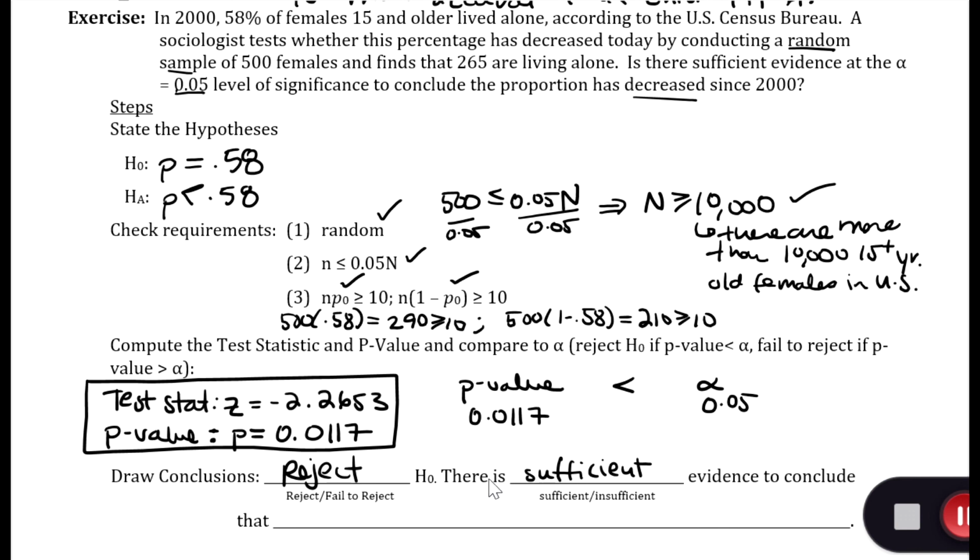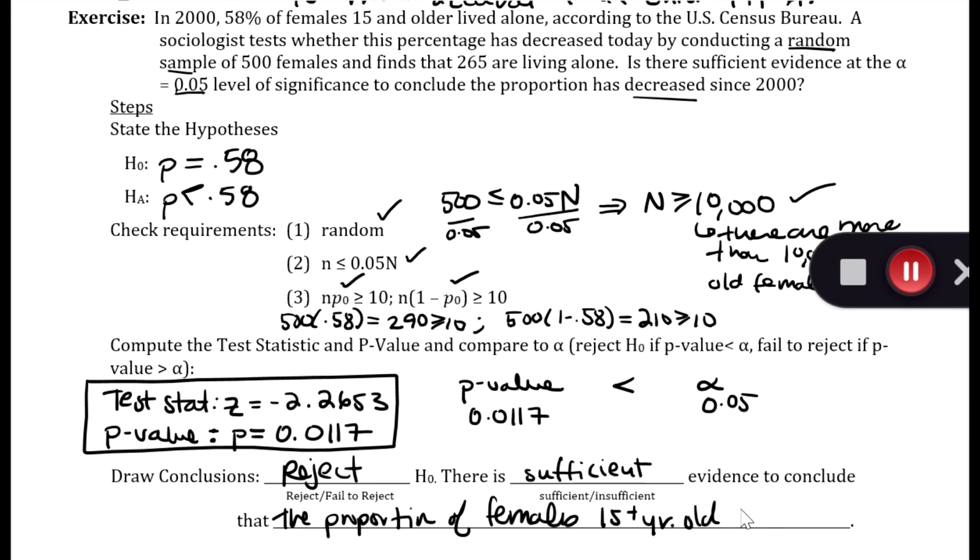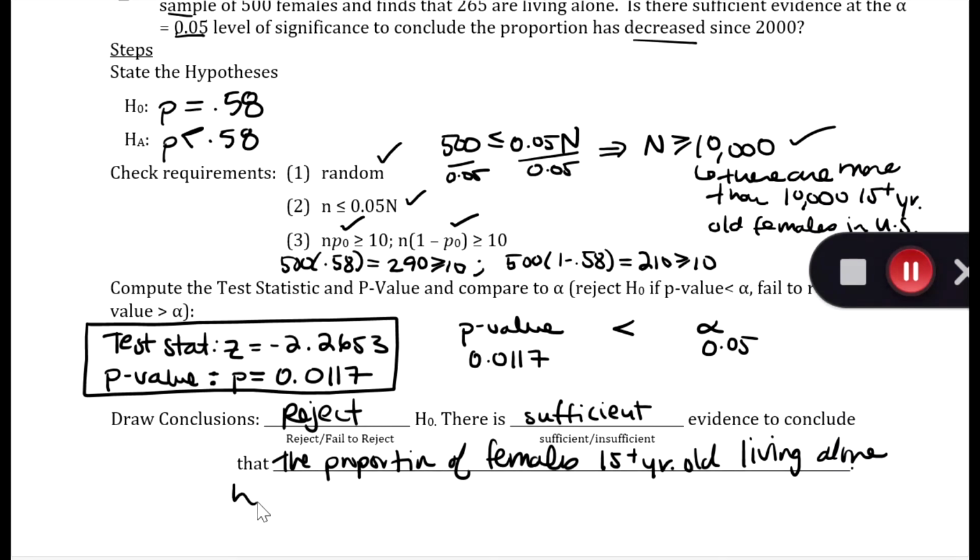And was my claim that there is sufficient evidence to conclude that the proportion of females 15 years or older living alone has decreased since 2000?